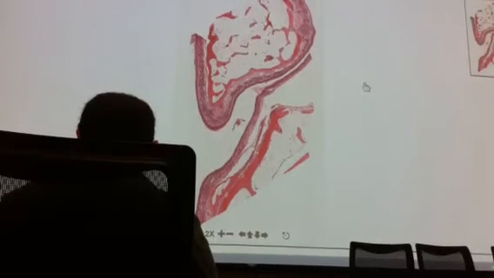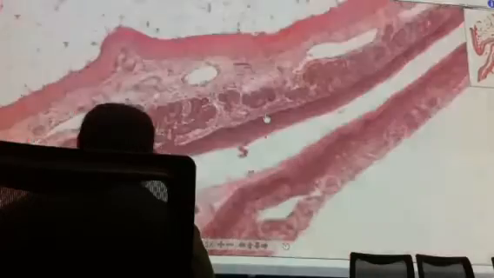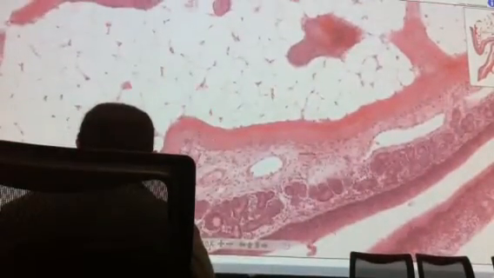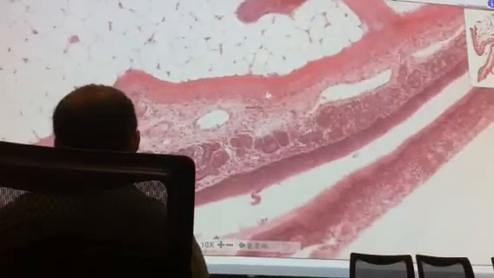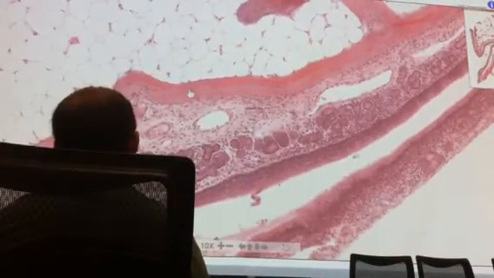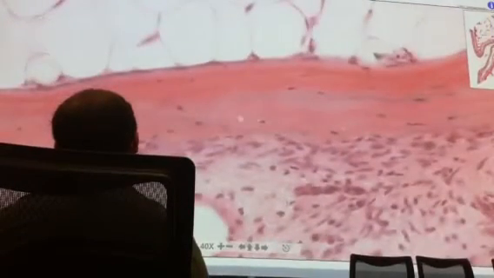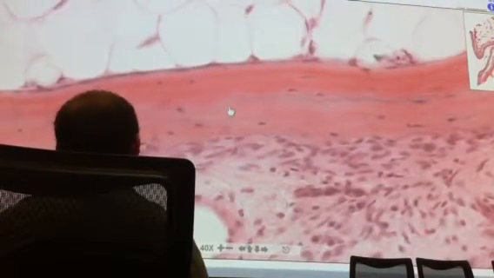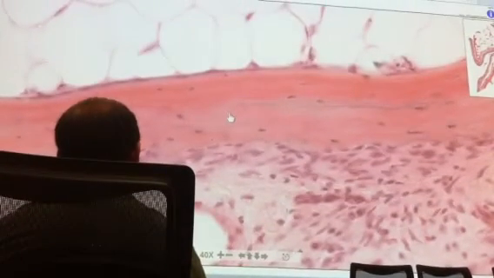And then this one is going to be that olfactory epithelium. So what material is this? Somebody says smooth muscle. Why do you think it's smooth muscle?